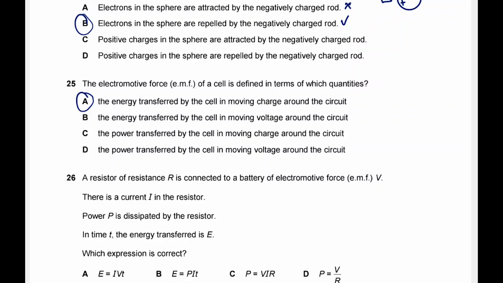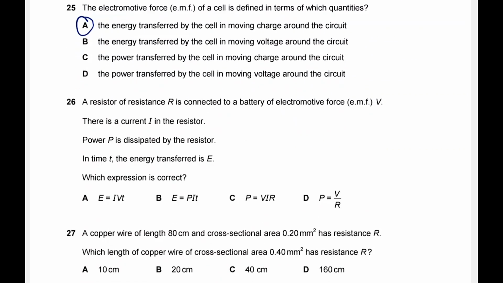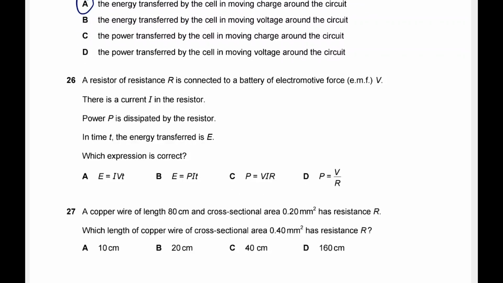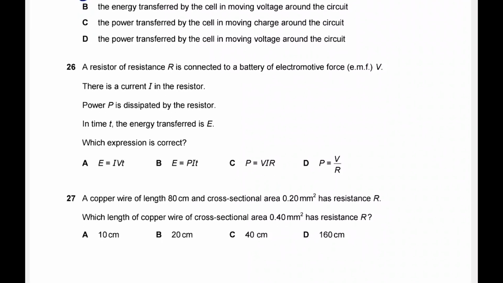Okay, number 26. A resistor of resistance R is connected to a battery of EMF V. There is a current I in the resistor. Power P is dissipated by the resistor. In time t, the energy transferred is E. Which expression is correct?